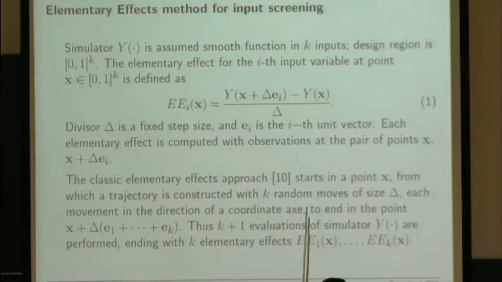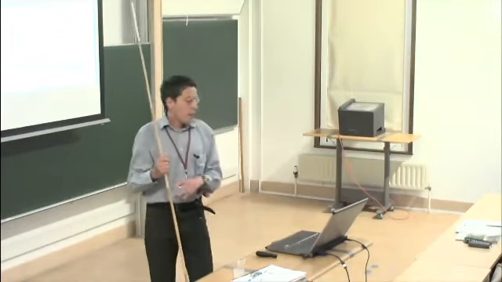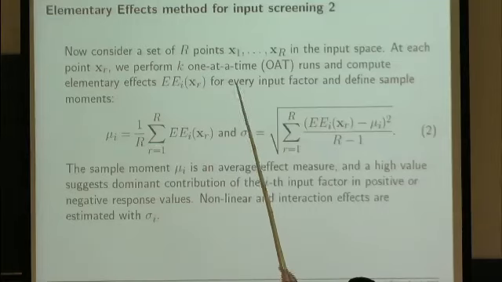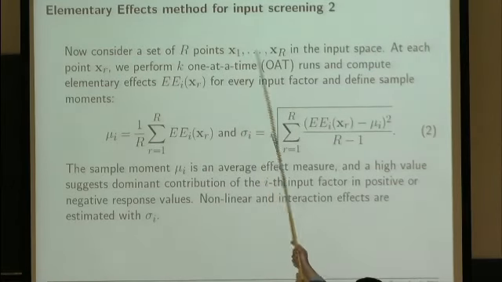Naturally, we have k plus 1 evaluations of the simulator, and we end up with k elementary effects, one for each input variable. That is what a trajectory is. Now, consider a set of r points, and at each point of this design, you perform a trajectory.